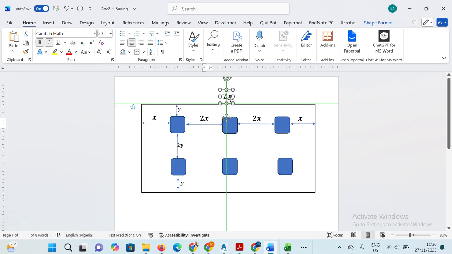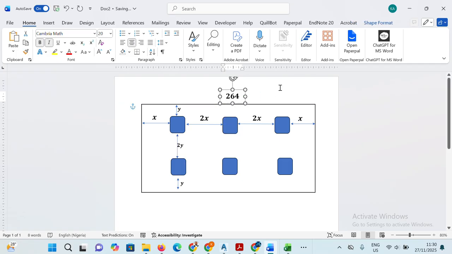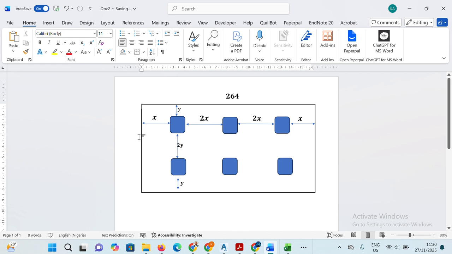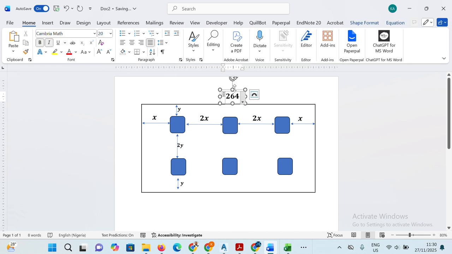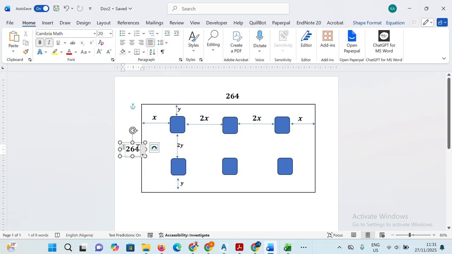The total length here is 264 inches. And the height will be 15 multiplied by 12, plus 6, that's 186 inches.